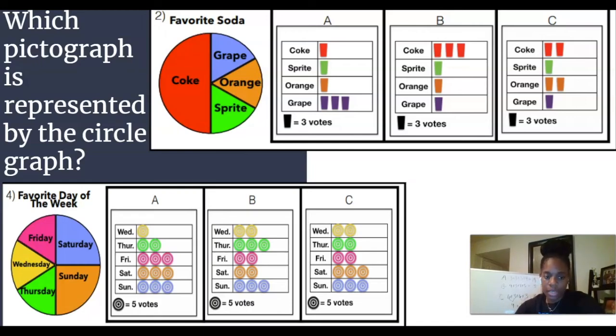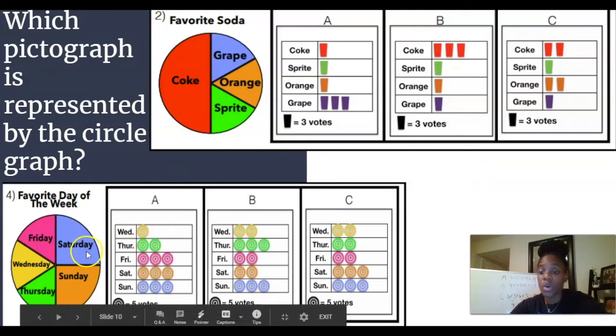And then we do the same thing with favorite day of the week. We again have to figure out the breakdown of the circle, and that goes back to the pictures that we saw in some of the previous slides, where we had to know how to break up a circle and what the percentages were equivalent to. So Saturday and Sunday take up a quarter of the circle.